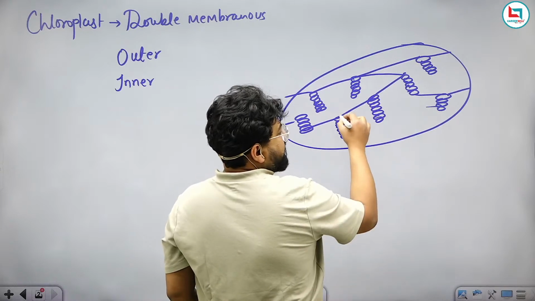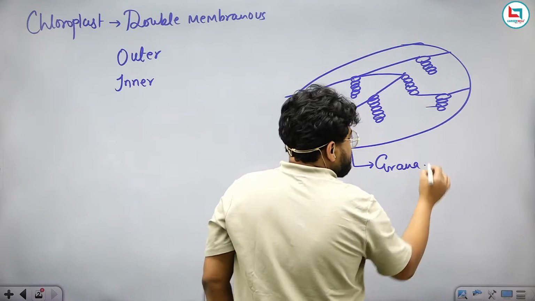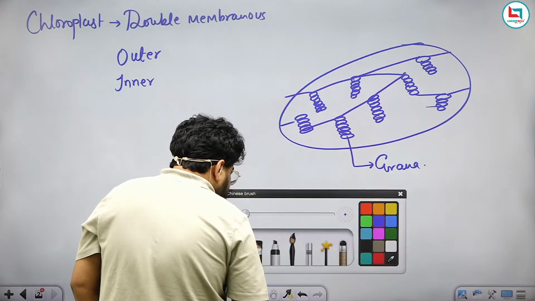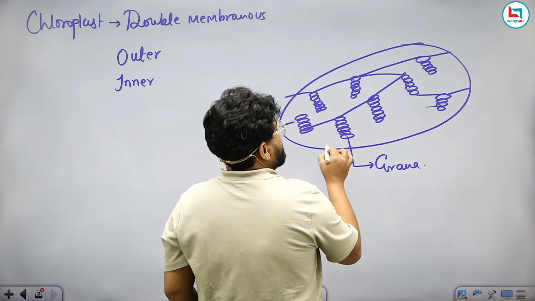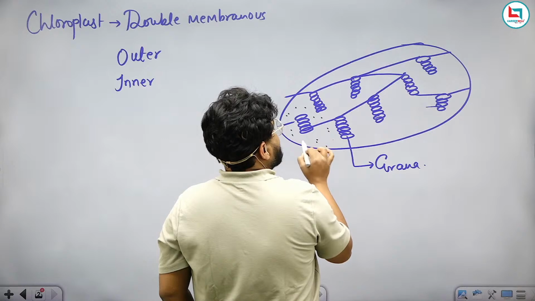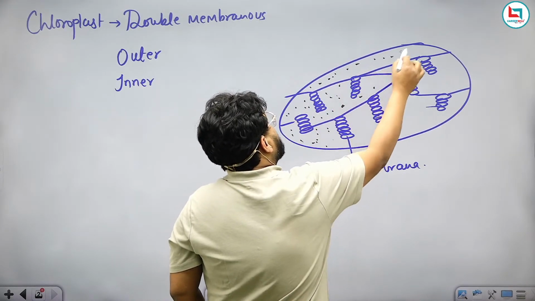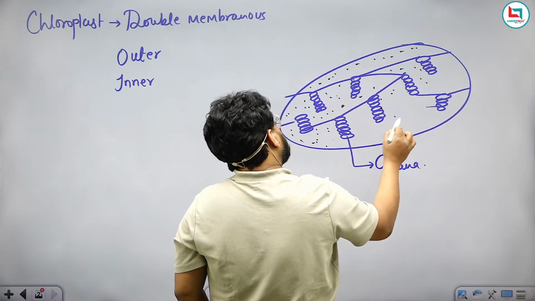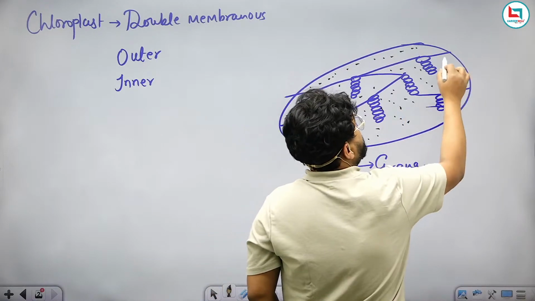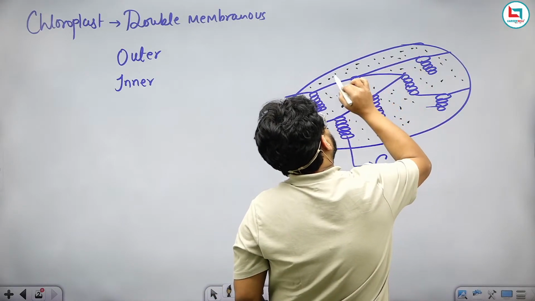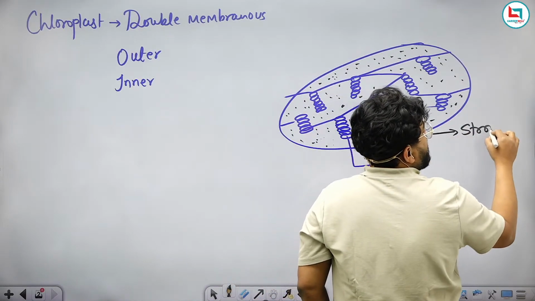Now these stacked structures are said to be grana, and surrounding these grana is a kind of liquid matrix inside the chloroplast, and this liquid matrix is said to be stroma.